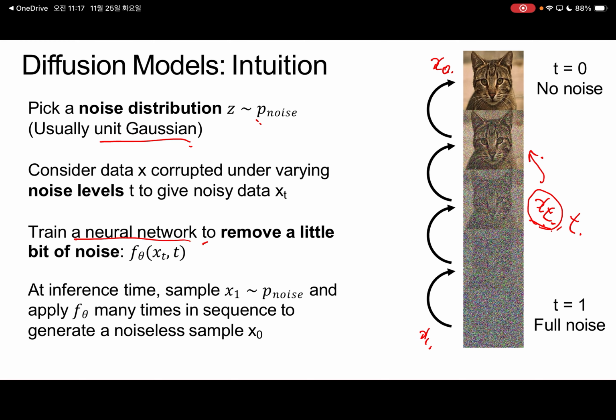At inference time, there is some clean image and noise image. Noise means normal Gaussian distribution. The reason why we turn clean images into noise images is that we want to use the normal Gaussian distribution. We know all the properties of the normal Gaussian distribution.